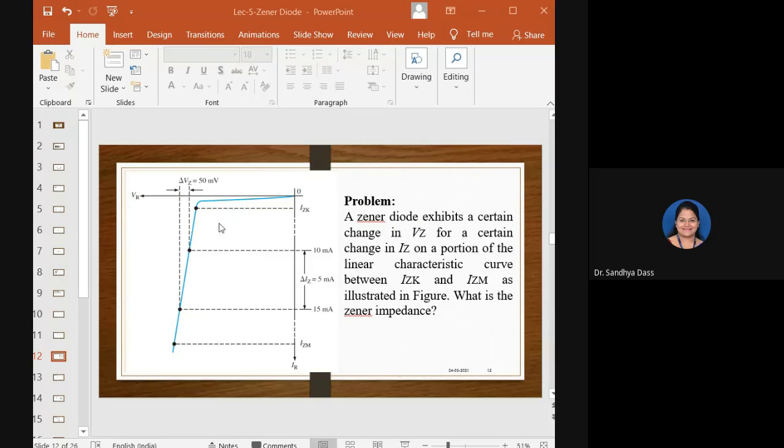The Zener diode exhibits a certain change in Vz for a certain change in Iz for a portion of the linear characteristic curve between I maximum and I minimum, as illustrated in the figure. Now, what is the Zener impedance? How do you calculate Zener impedance?